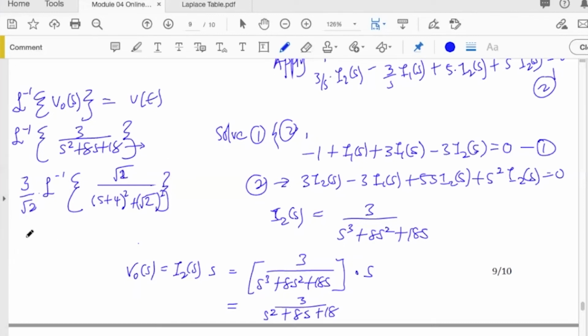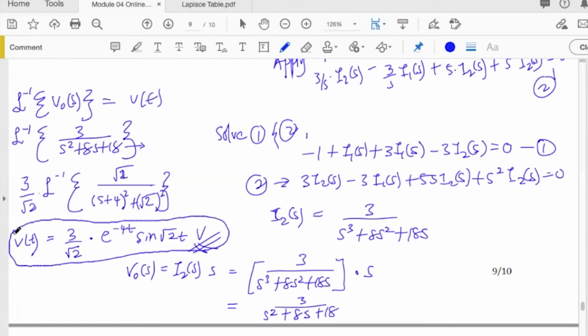So in the end, your v(t) will be equal to 3 over square root 2 multiplied with e to the power negative 4t, sine square root 2 t volts. That would be your final solution.